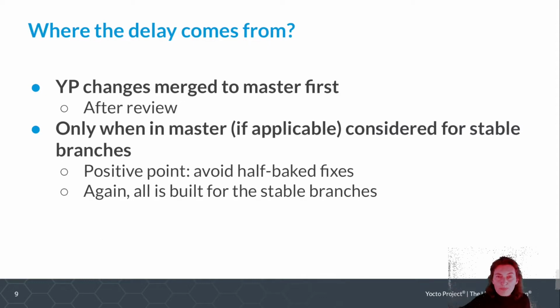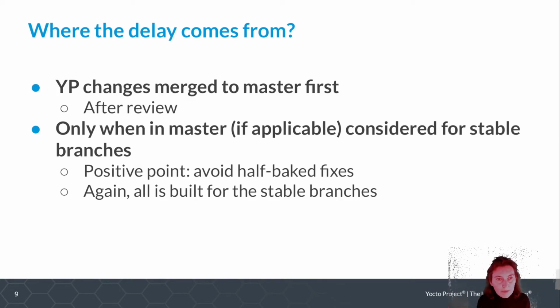Why is it so? You need to remember that in the Yocto project, changes are merged in master first. If there's a change that should be applied to master and kirkstone, for example, it will be put in master first, accepted, tested, and then it will start the cycle of review for kirkstone.